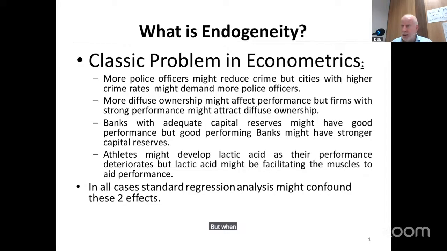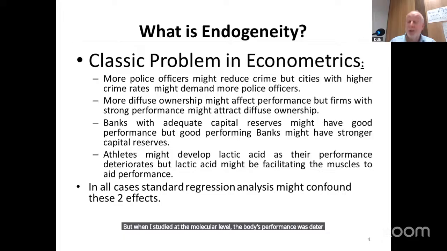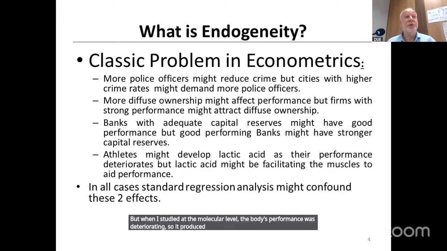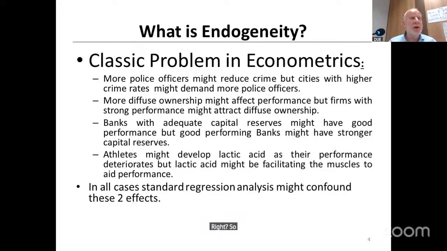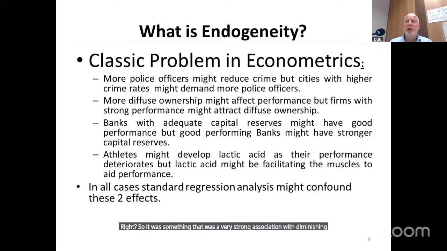But when they studied it at the molecular level, the body's performance was deteriorating, so it produced lactic acid to help, right? There was a very strong association between diminishing performance and the body's build-up of lactic acid, but it was actually to help, not to hinder. So if you just do regression, you're not going to be able to tell what's causing what.